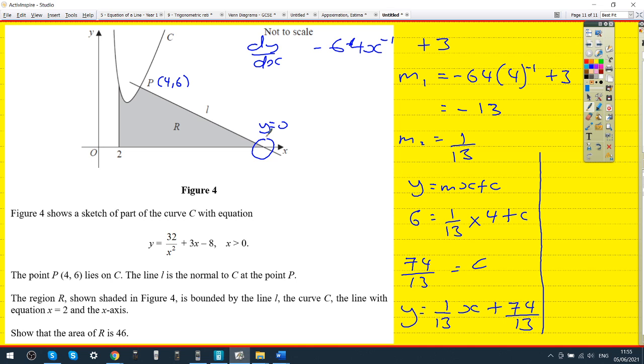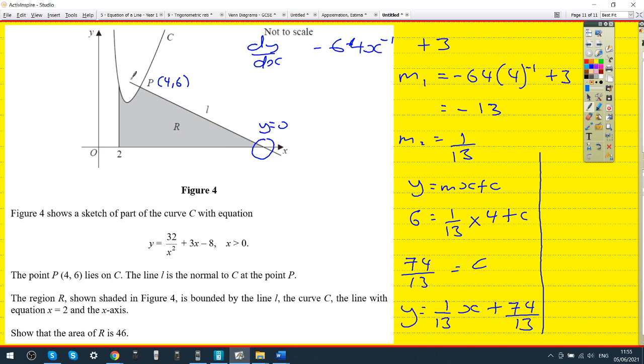Let's see. Just want to make sure. So 32 x to the minus 2, that should be to the minus 1. Plus 3. So we sub in. The gradient at that point is minus 13.